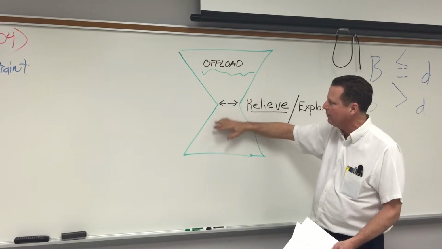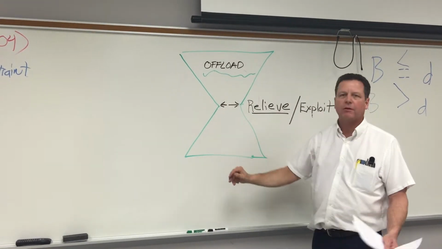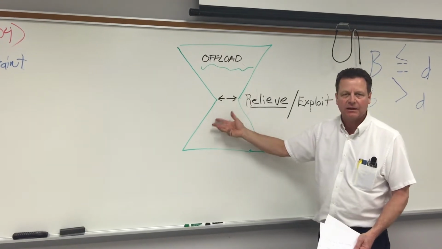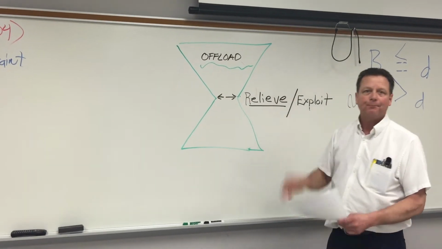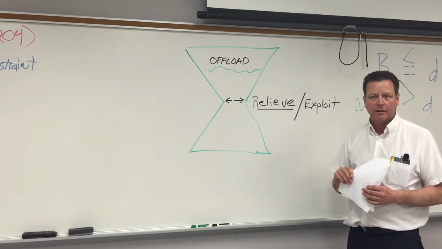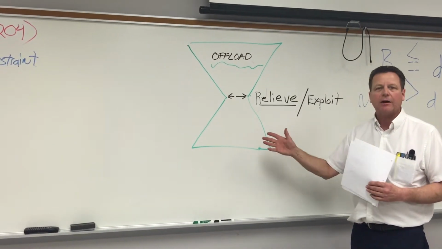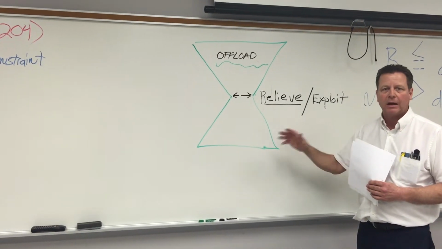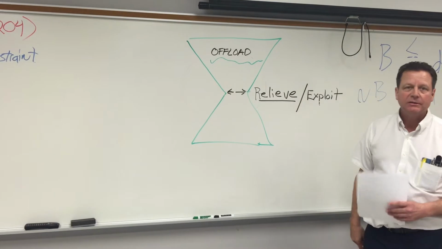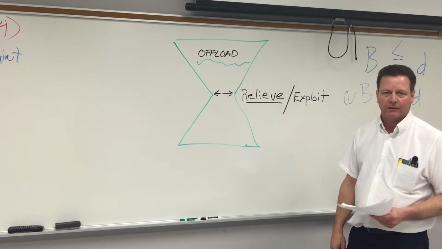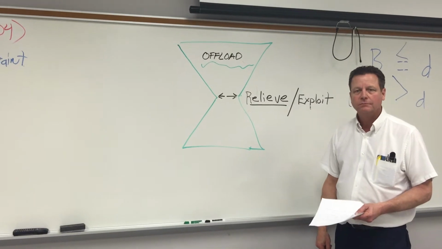We relieve the bottleneck and more sand flows through, and we get more production out of the NCX10, for instance, by staggering the break times so that our people still get their by-law breaks, but there's no time during the day when the bottleneck resource isn't running.